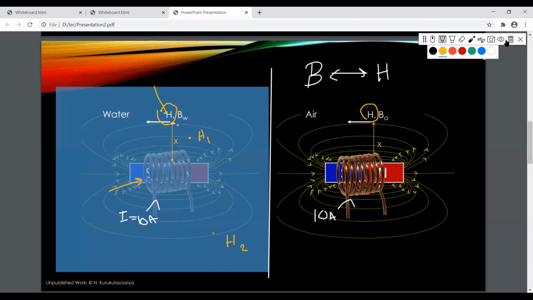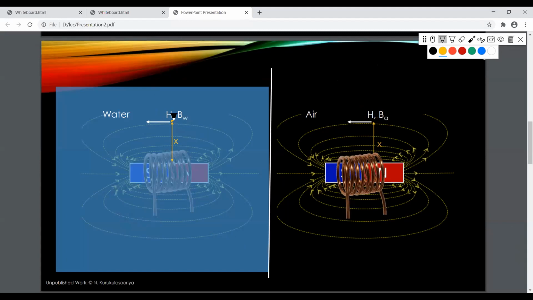Now what I want to tell here is that if you consider the same point, which is the same distance away from the magnet, the magnetic field intensity should be the same, because the current is the same value, 10 amperes, and the number of turns are the same.